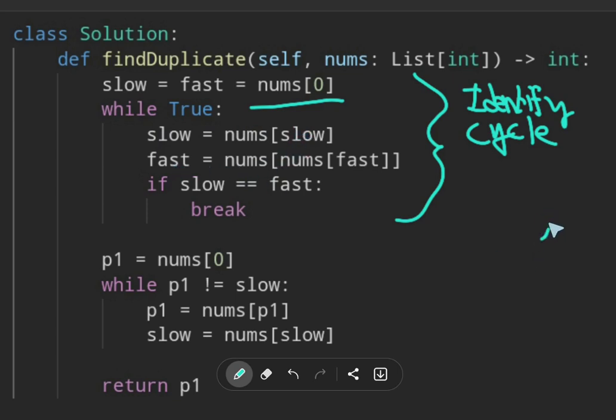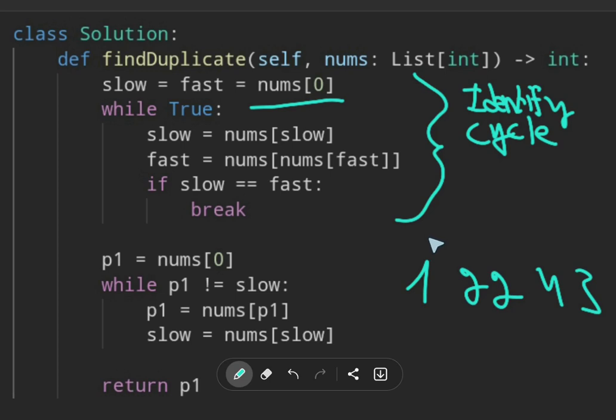Let's draw this yet again. Let's say that the numbers are 1, 2, 2, 4, and 3.